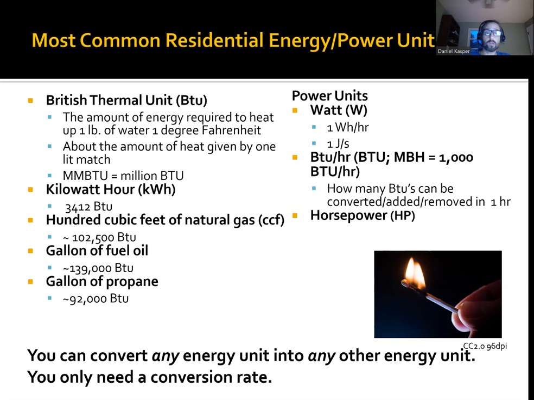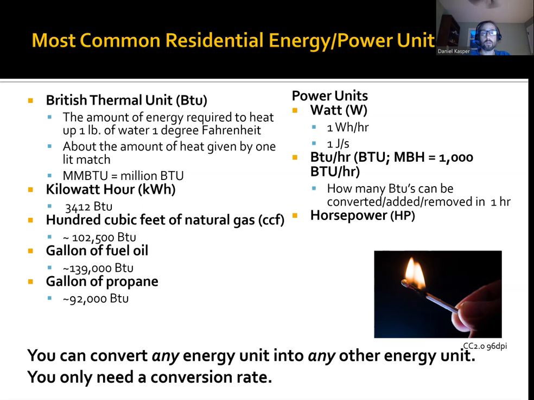An abbreviation that you should know is MBH, which is used a lot in the energy industry. That means 1,000 BTUs per hour. So if you have a 100,000 BTU per hour furnace, that means it can burn through 100,000 BTUs every hour, and that's a 100 MBH furnace. And again, you are going to get less heat out than that because of the second law of thermodynamics.